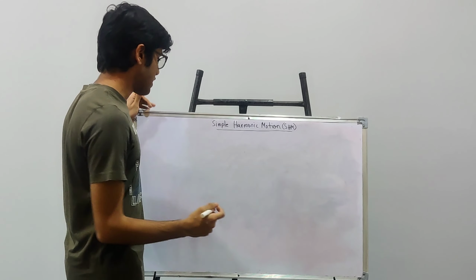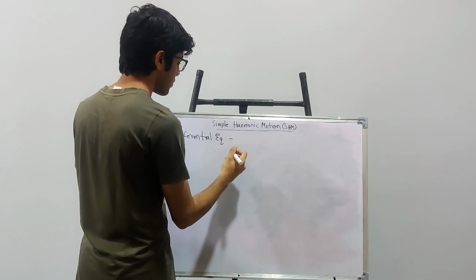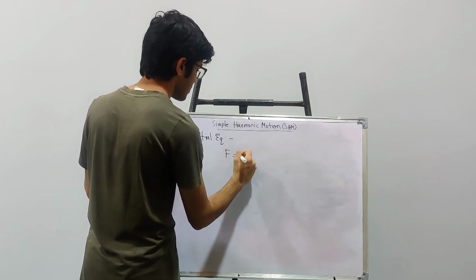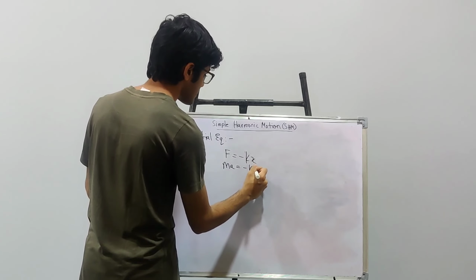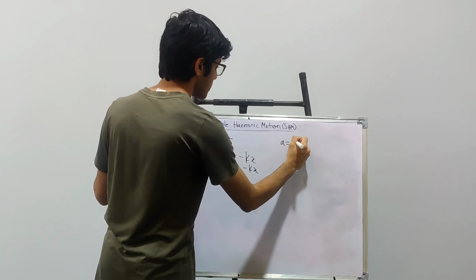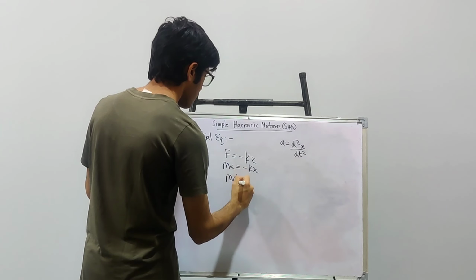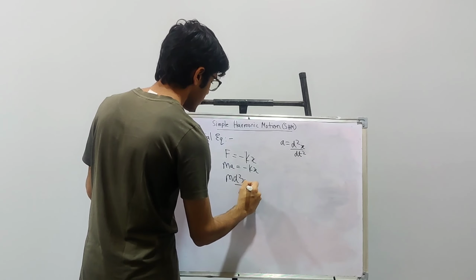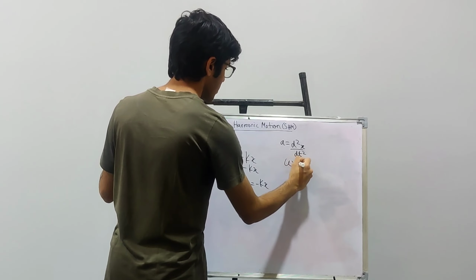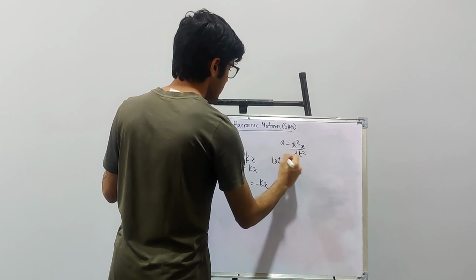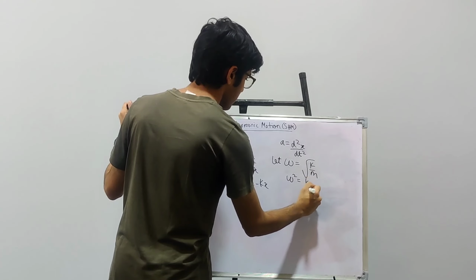Now let us understand the differential equation for a particle to execute SHM. I just told you that in case of SHM, F is always equal to minus kx. We know that F is equal to ma, so ma is equal to minus kx, and acceleration is the second derivative of displacement with respect to time. So this is m d square x upon dt square is equal to minus kx. We can introduce another term omega, where omega is equal to under root k by m. So omega square will be k upon m.